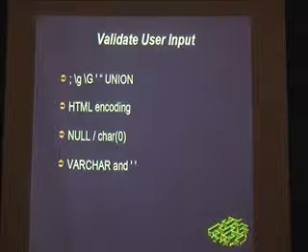Another thing you want to do is HTML encoding. This will actually help with cross-site scripting. It's another form of injection really, where people put in code that will then be run off another site. It can also be run off the same site, so it's not necessarily cross-site scripting. People will say it's a misnomer, but it's stuck.